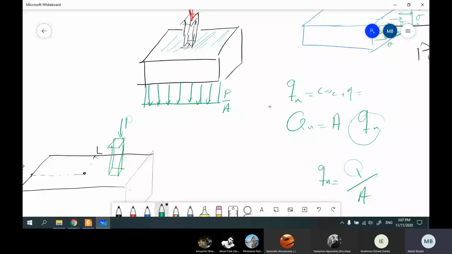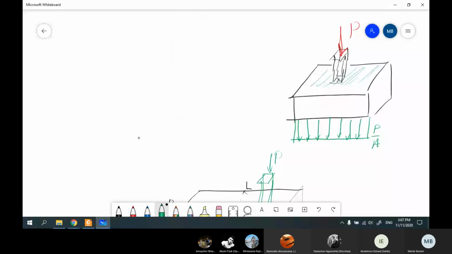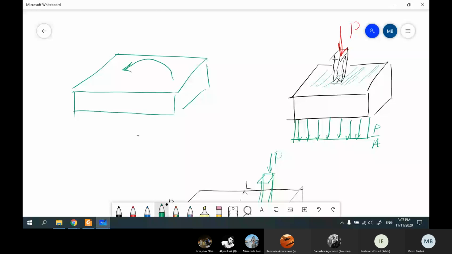But when we have a bending case like this, the stress distribution is like this. In some parts, we have tension. In some parts, we have compression.